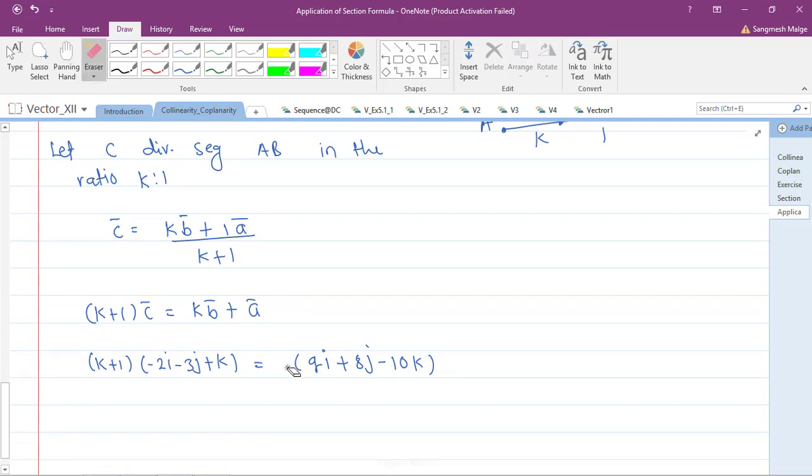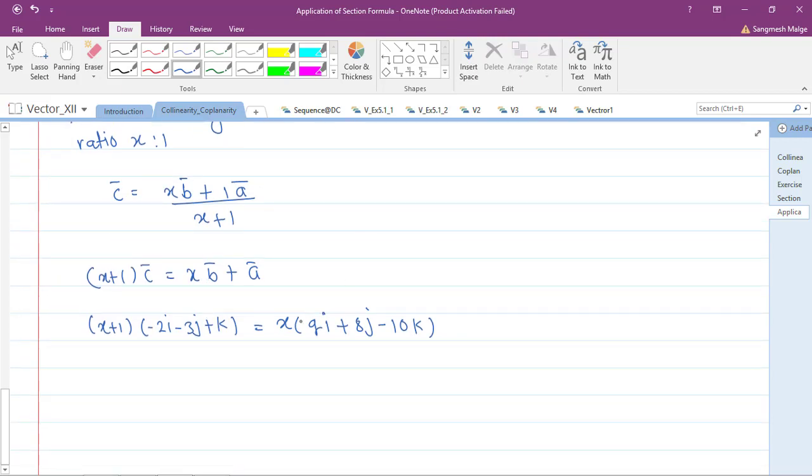Let's consider x. So replace k by x, so here we'll have x plus 1. So let's find the value of x now: x into this plus A bar, which is 3i + 2j + pk.